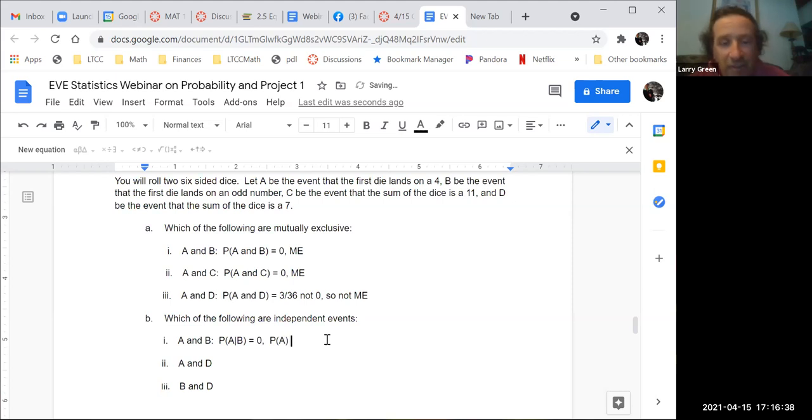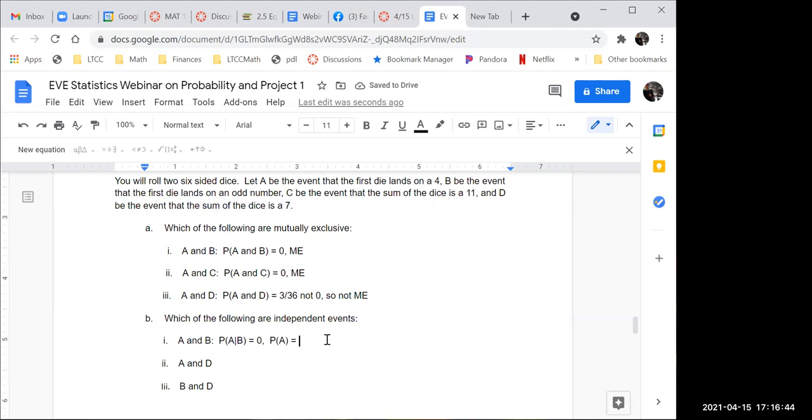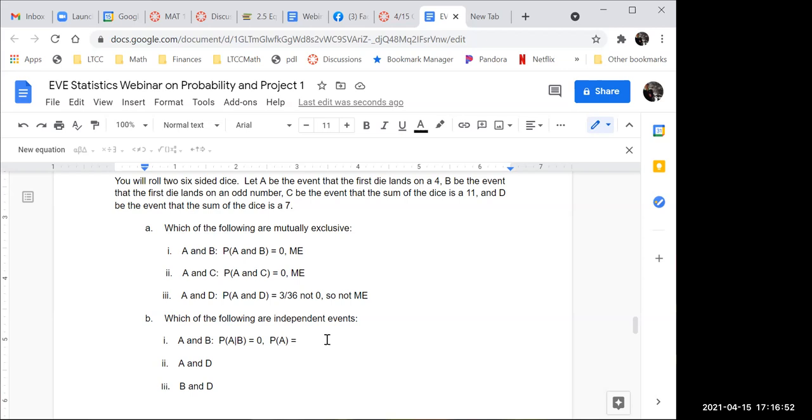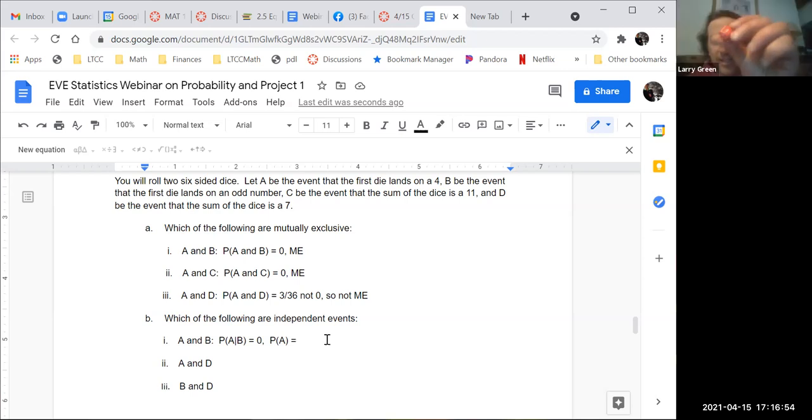What's the probability the first die is a 4? 4/36. Not 4/36. It's just the first die. You don't have to worry about the second die. Oh, okay. How many 4s are there on this first die? 1/6. Yeah, there's just one. It's just 1/6.